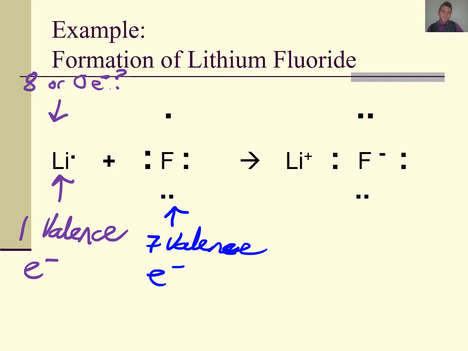I know based off of numbers that one valence electron, the number 1, is closer to 0 on a number line than it is to 8. This is just numbers, okay? So since lithium has only one valence electron, it's going to be much easier for lithium to give away that 1 electron than it would be for lithium to try to gain 7 more electrons.